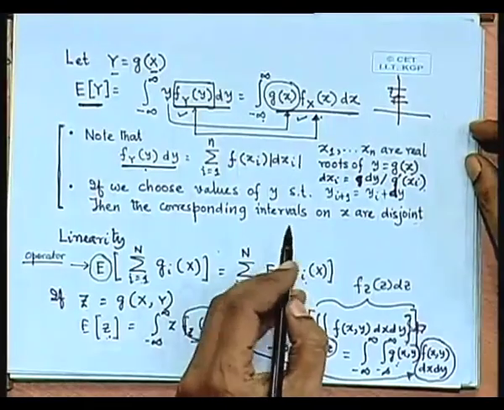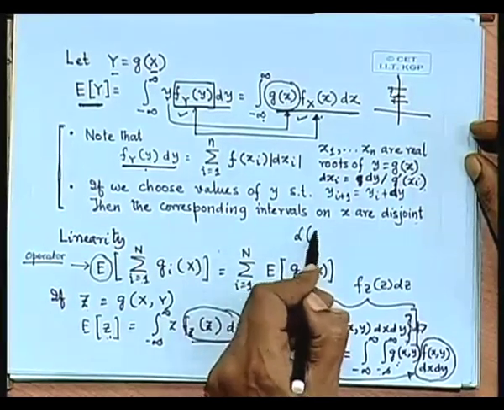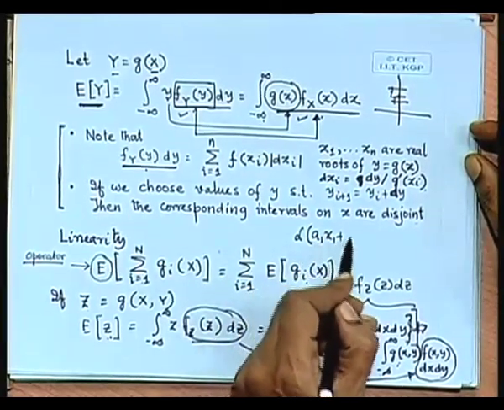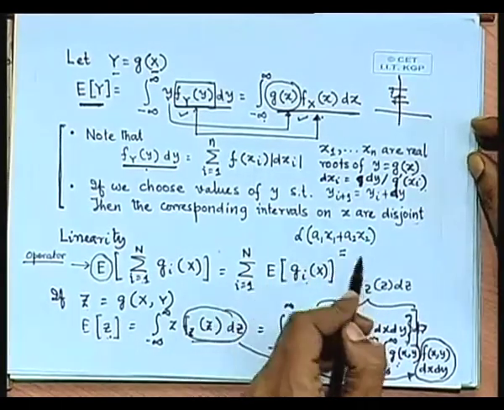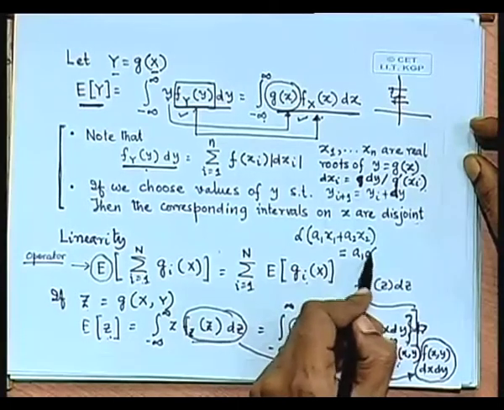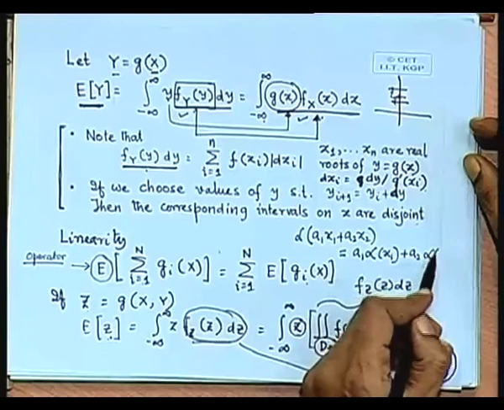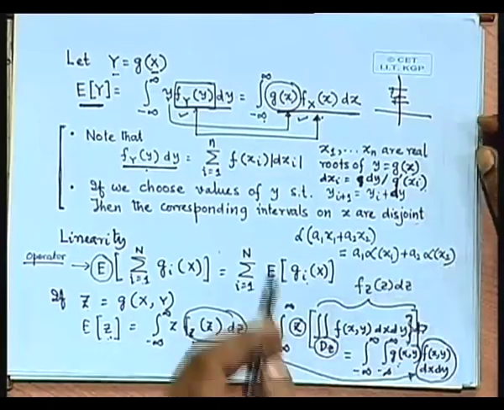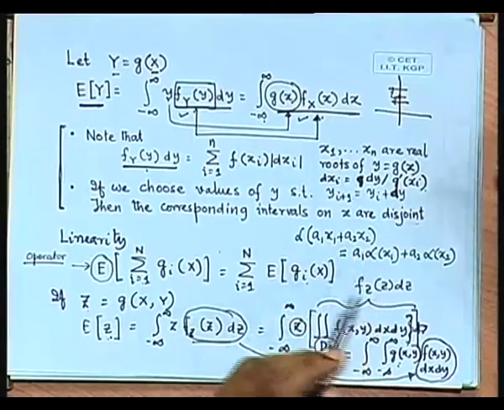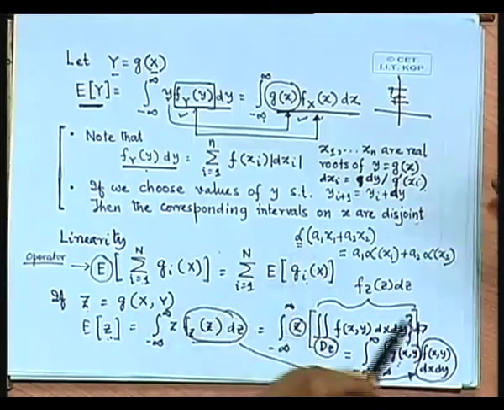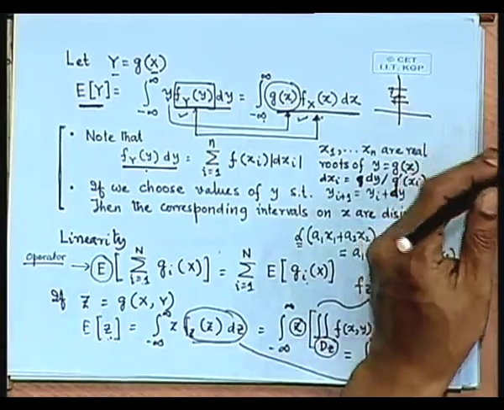Just like for any linear operator L, L of (a1 x1 plus a2 x2) can be written as a1 into L of x1 plus a2 into L of x2. This is the basic superposition theorem idea, which any linear operator satisfies. So in a similar sense, this operator is called linear.